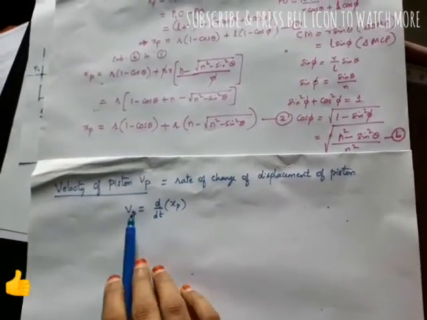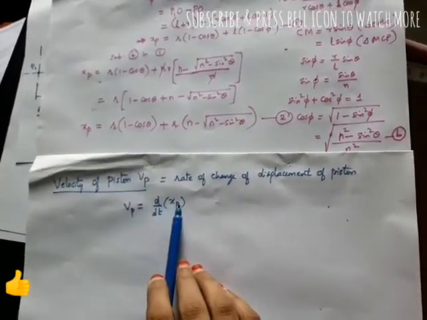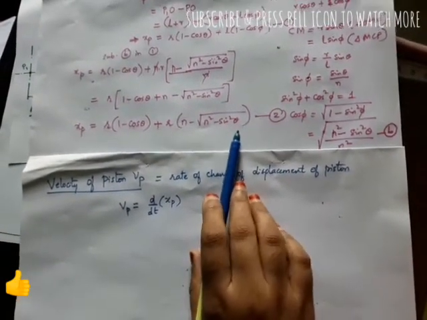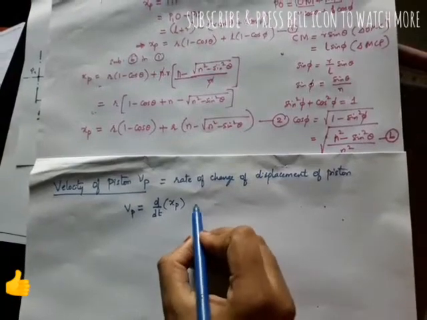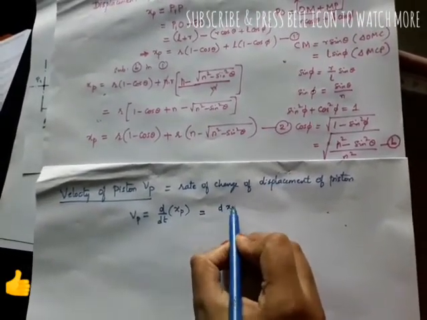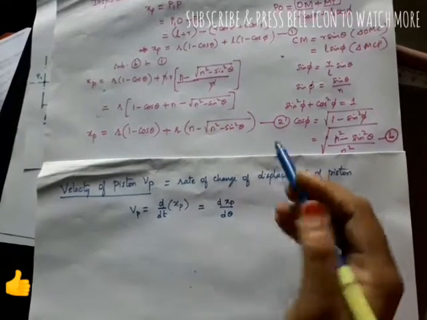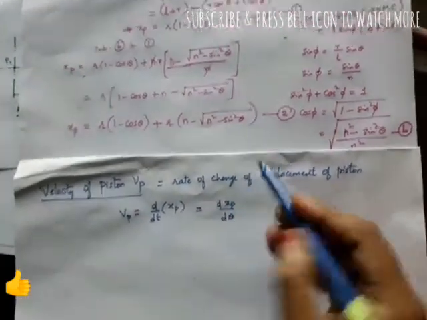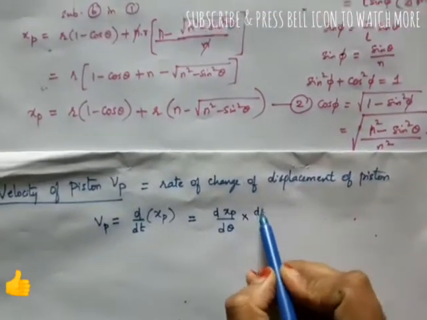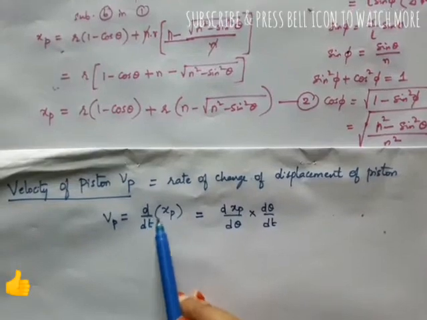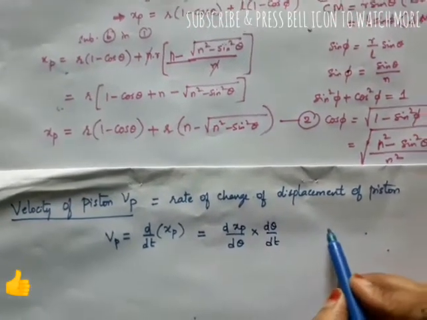But to find Vp we have to differentiate xp with respect to t, and we don't have this in terms of t. So using chain rule, I can write this as dxp by d theta, because from equation 2 I can differentiate this with respect to theta, into d theta by dt. This will be equal to d by dt of xp. So this is called chain rule.